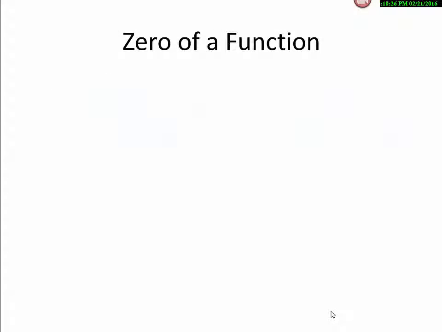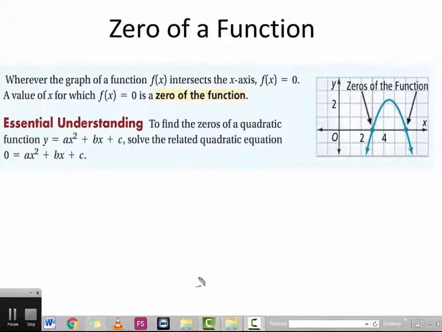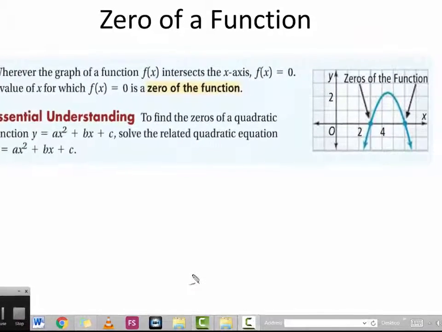Before we learn how to solve a quadratic equation, we have to understand the concept of the zero of a function. It is easier for you to understand what a zero of a function is by looking at its graph.